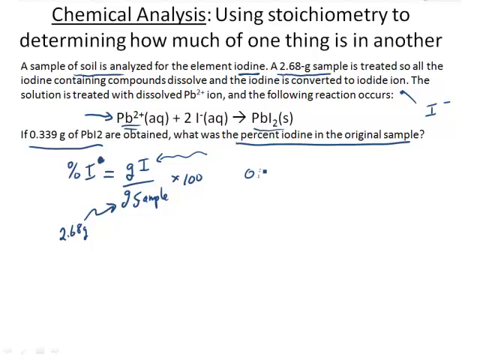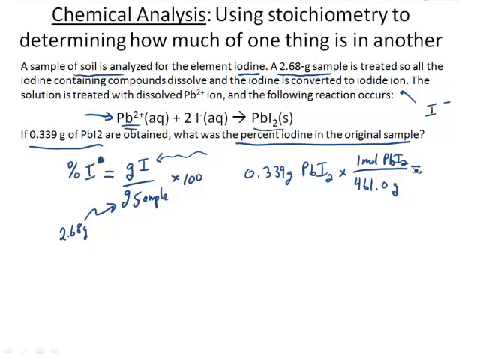So we're going to take 0.339 grams of PbI2, and we're going to convert that into moles of PbI2. So it's going to be 1 mole of PbI2 divided by its molar mass, which I will cheat and do on my other computer here that you can't see. It's 461 grams per mole.